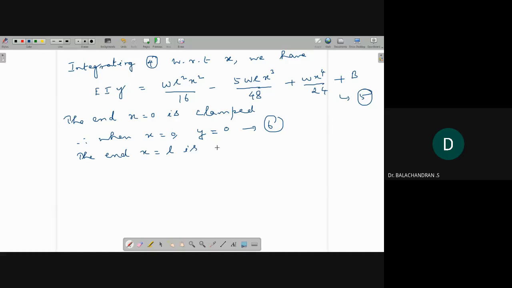Are fixed free and freely supported? Freely supported. Yes, freely supported is correct.